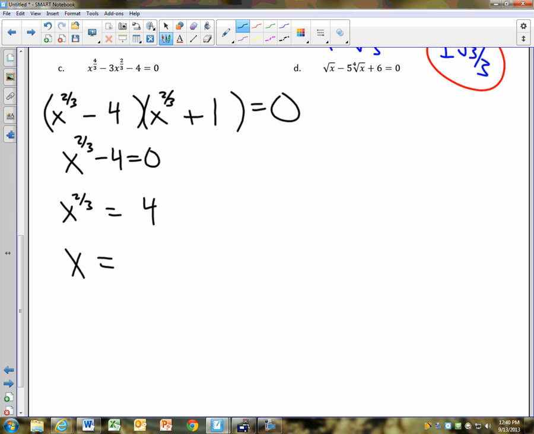X to be equal to something. What would I do to make that 2/3 a 1? Raise it to the reciprocal, the 3/2. Because when you take a power to a power, you multiply. That's going to make that exponent 1 instead of 3/2. So I have 4 to the 3rd square root.